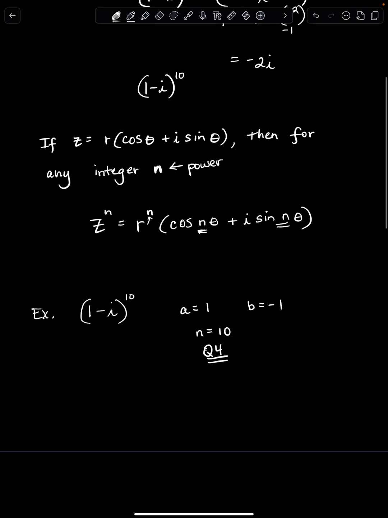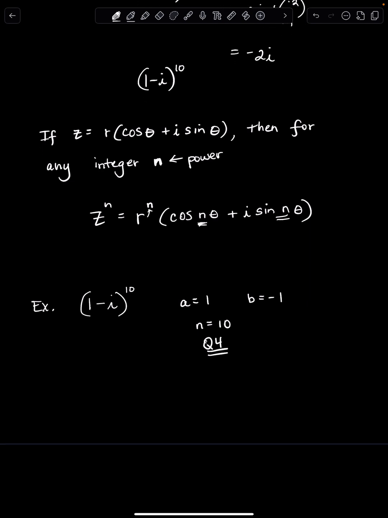All right, so let's find r. We know that r is going to be the square root of a squared plus b squared, and that's going to be the square root of 2. If you need more detail on finding r and theta, you need to go back to the previous video.